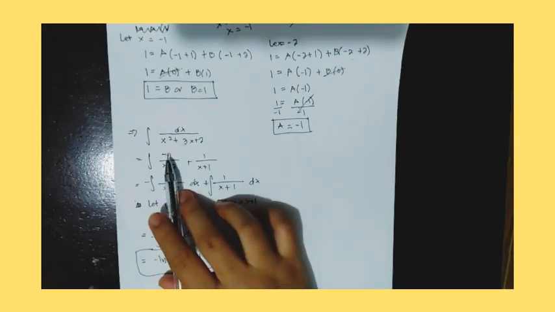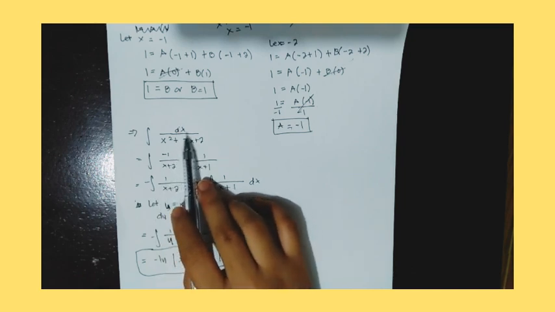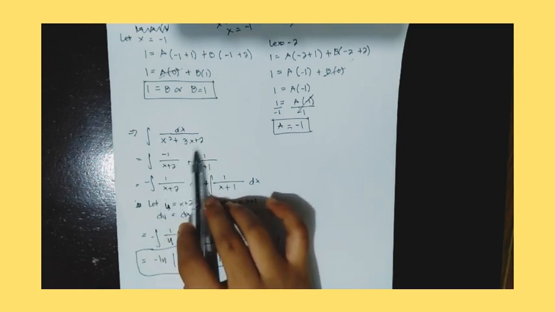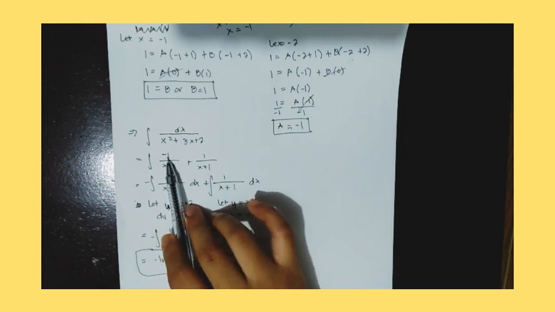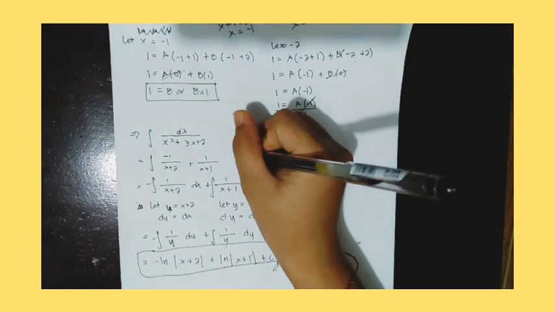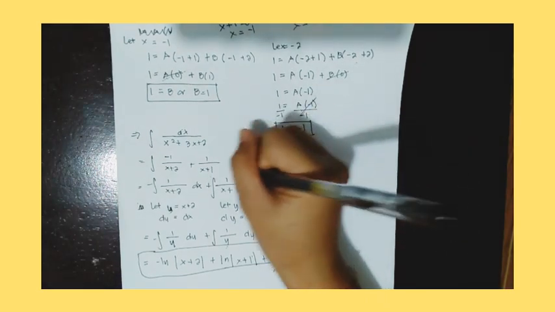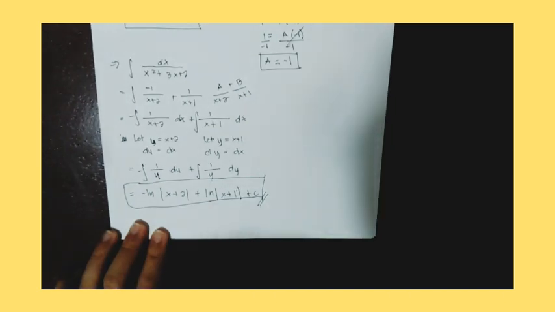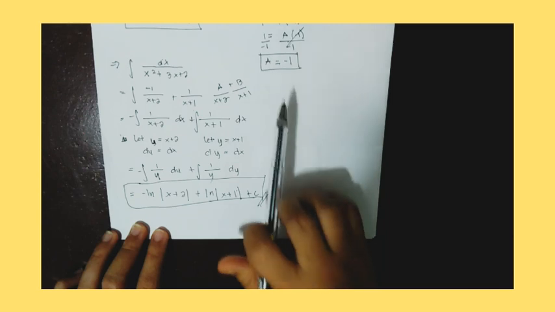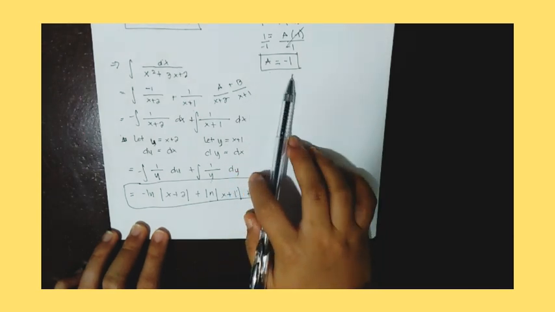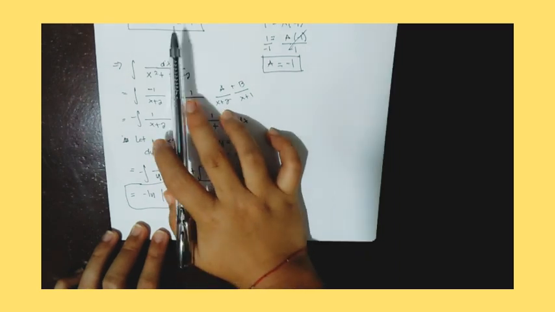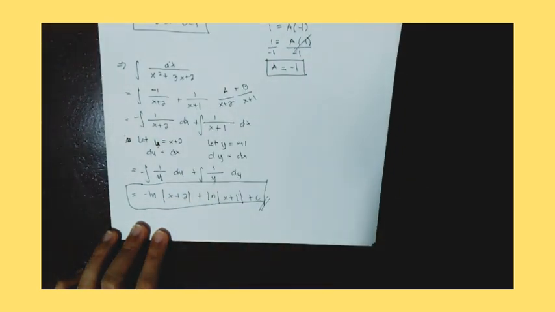Then we proceed to the solution of the integration. The integral of dx over x squared plus 3x plus 2 is the integral of negative 1 over x plus 2 plus 1 over x plus 1.